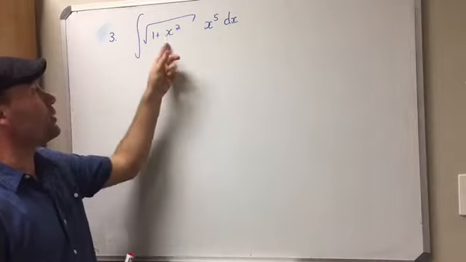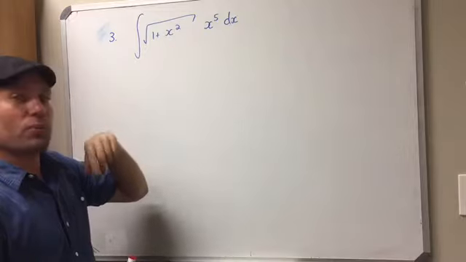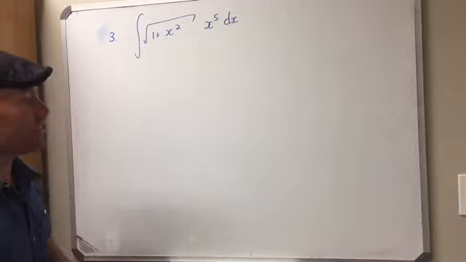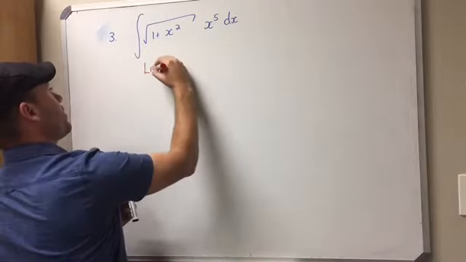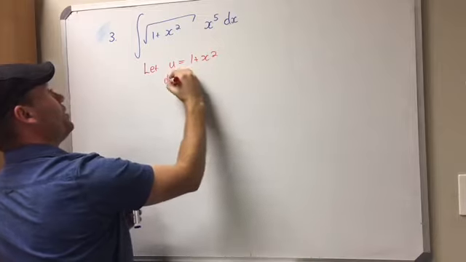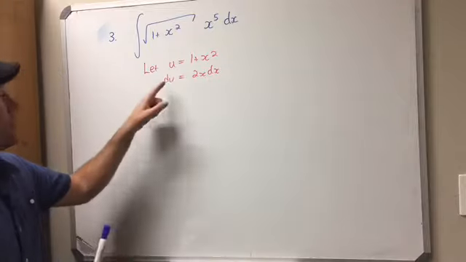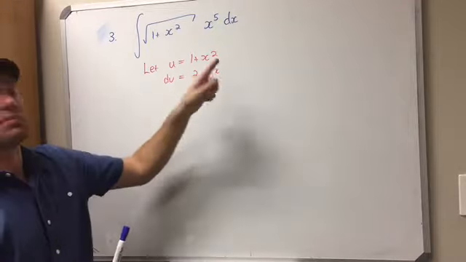So we could let u equal 1 plus x squared. Then what would du be? So let's try that. du would then be 2x dx. Right? It's du by dx, which is 2x, times dx.